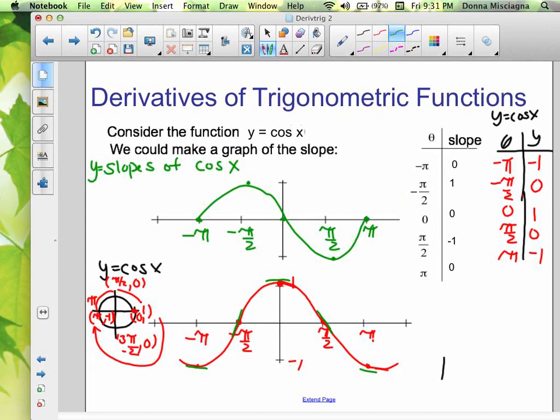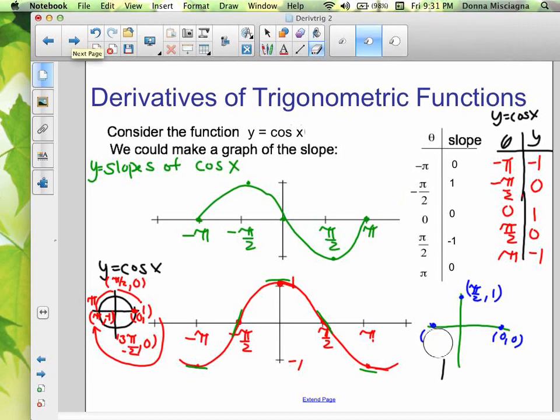And then let's draw this out on a unit circle here. So it starts off at 0, 0. And then at pi halves is 1. And then over here it's 0. Oops.